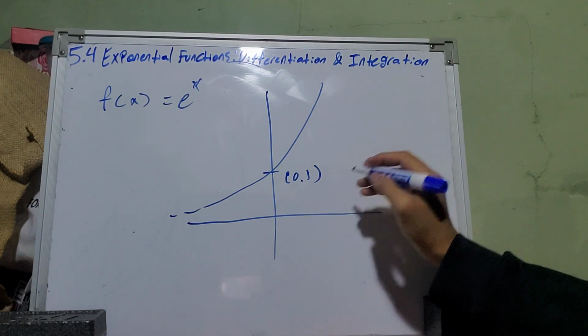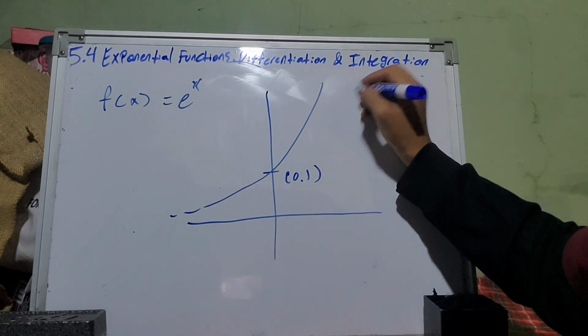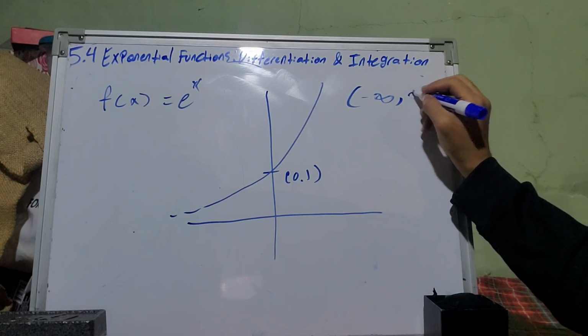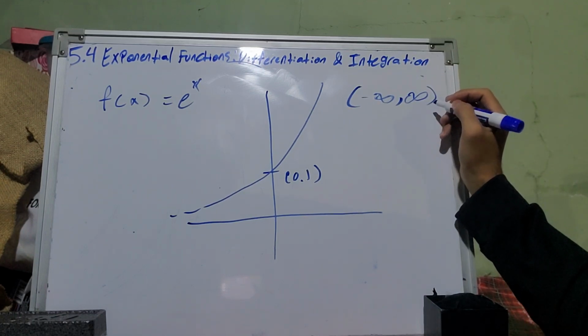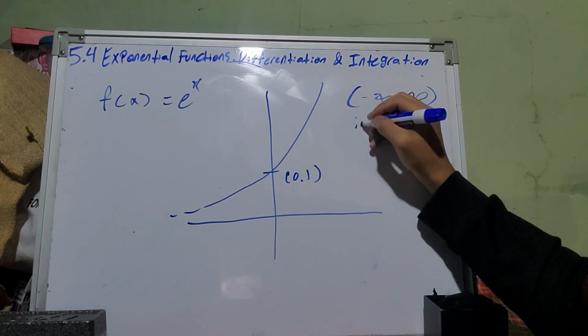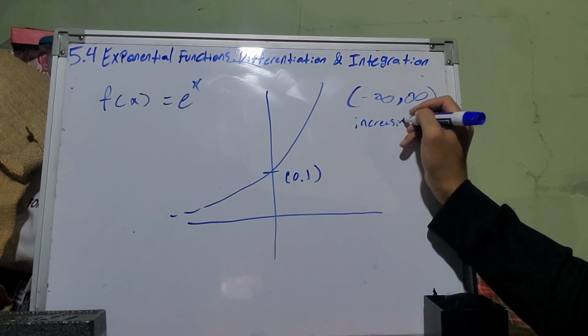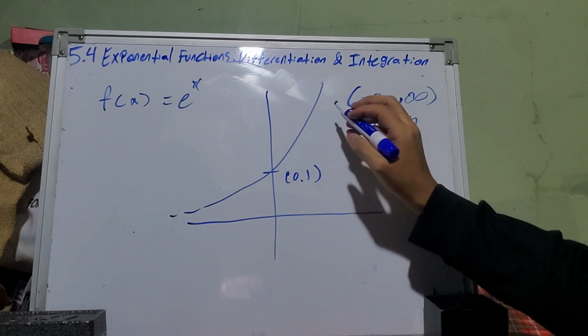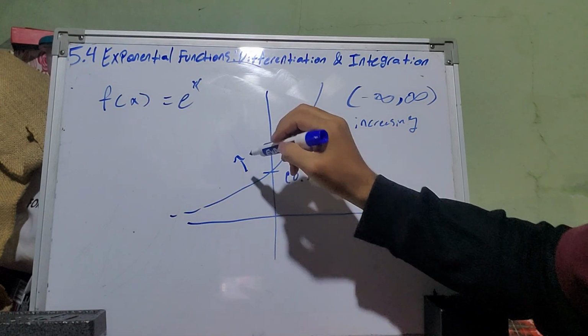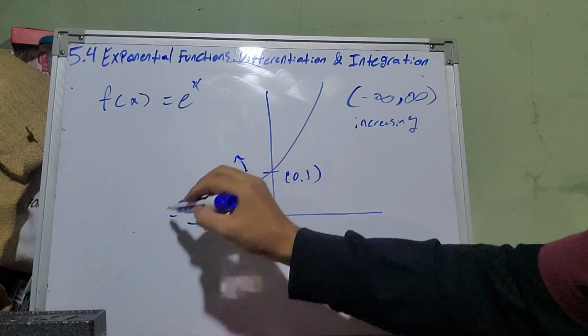Some properties that we can point out is that the domain reaches negative infinity to positive infinity. It is continuous, increasing, never decreasing. The graph is constantly concave upward on its entire domain.